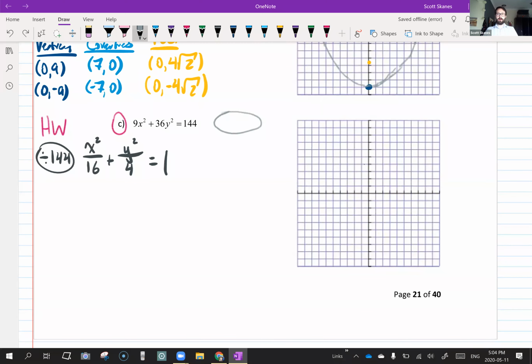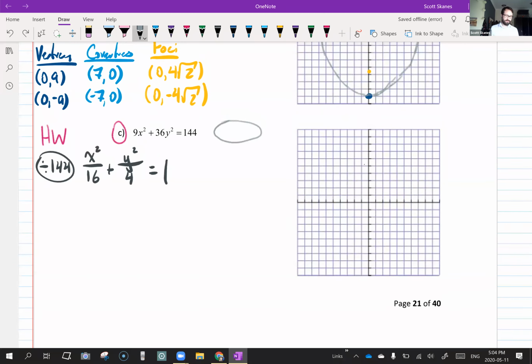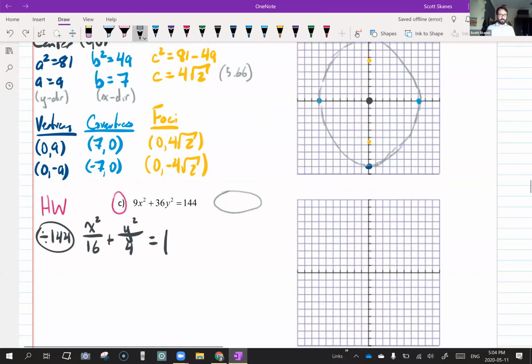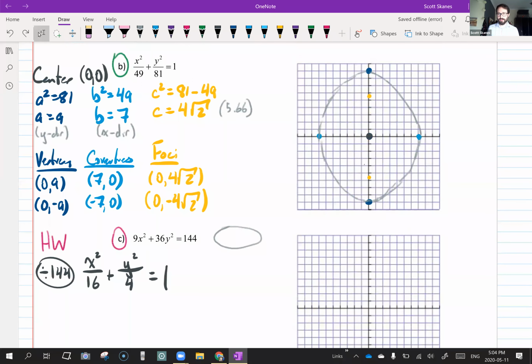Okay, we're almost done. We have 3 questions left. Are you excited? I'm excited. The reason I'm excited is because we should have enough basis now of understanding how this works to be able to take it from a graph and make the equation.